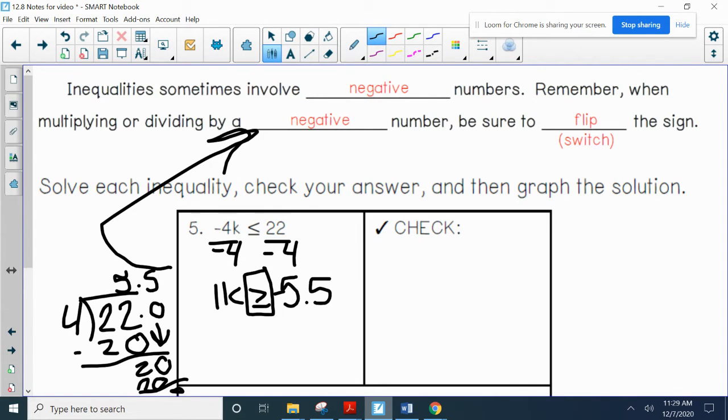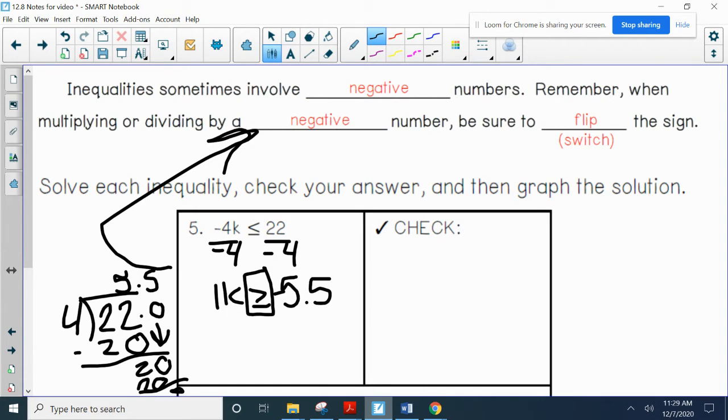You flip which direction that is pointing. And I want to point out, you are flipping the direction of that sign. Never once will that change that or equal to. So here you're including the answer. So it's greater than or equal to.